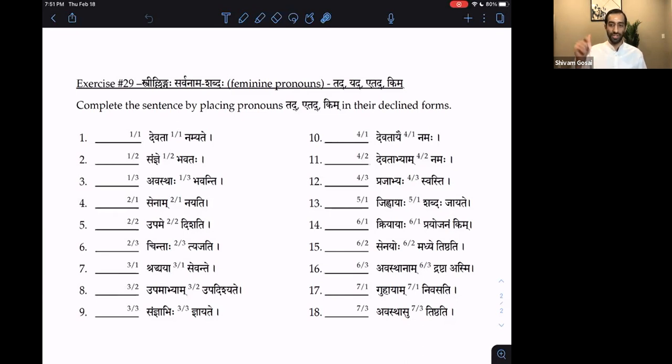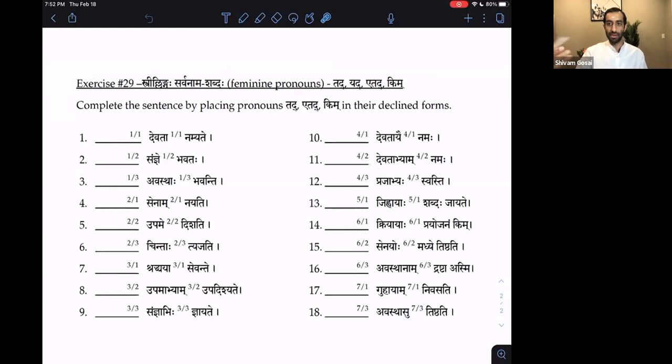Okay, so prayojanam kim. So kim means, right, what? What is the prayojanam? So prayojana, I believe, is the second case. I think that's a neuter word. We have to check up on that. I'm not exactly 100% sure with that, but it makes sense that it would be the second case, right?